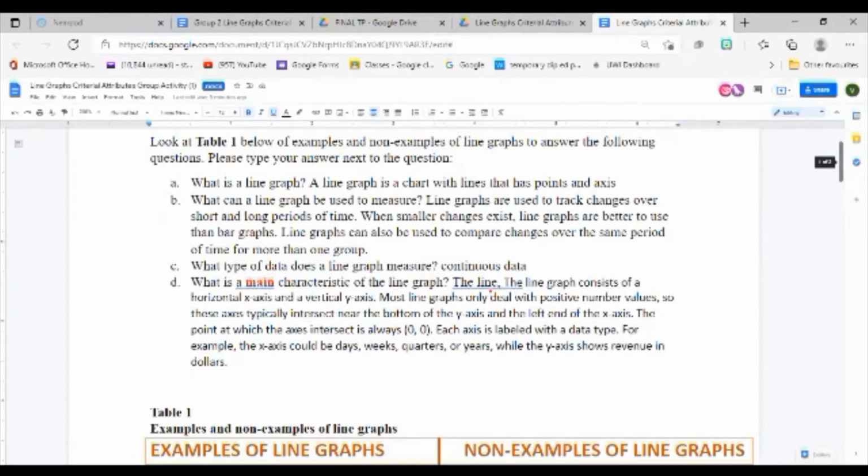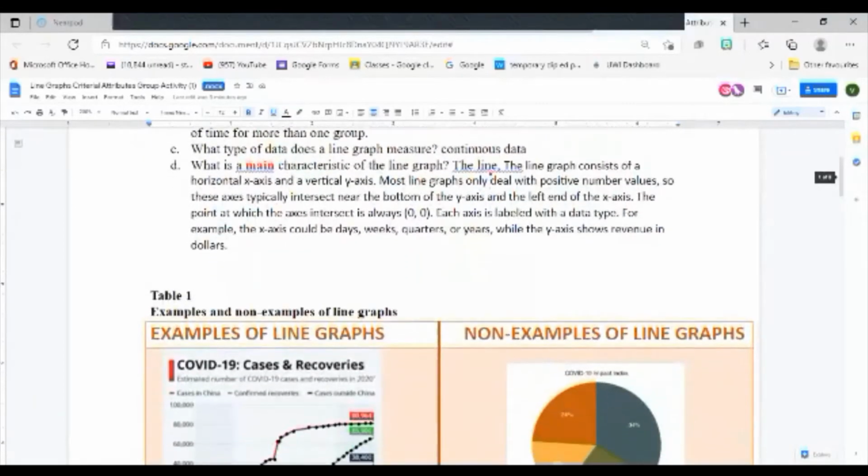The line graph consists of a horizontal x-axis and a vertical y-axis. Most line graphs only deal with positive number values. So these axes typically intersect near the bottom of the y-axis and the left end of the x-axis.